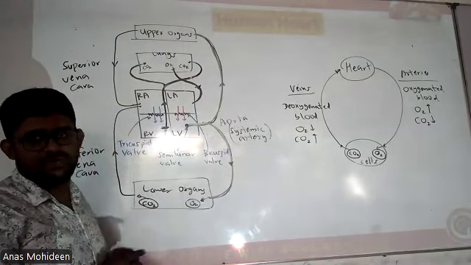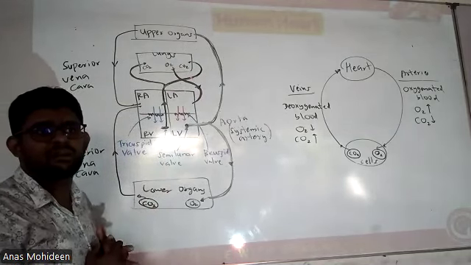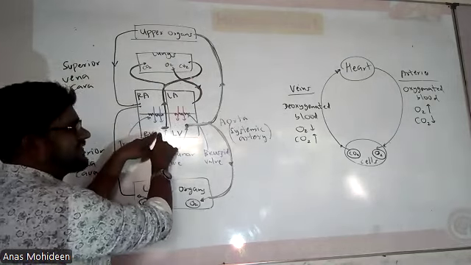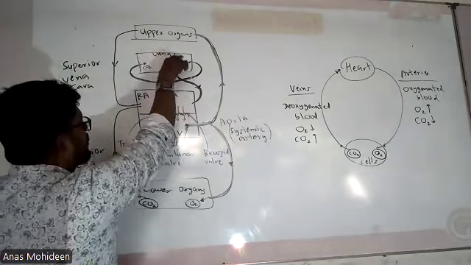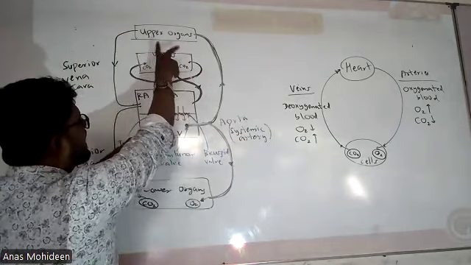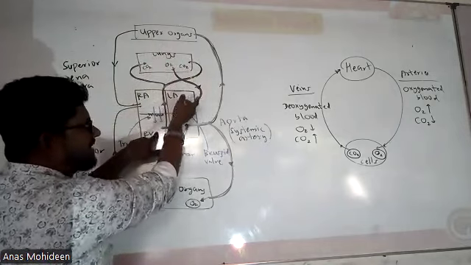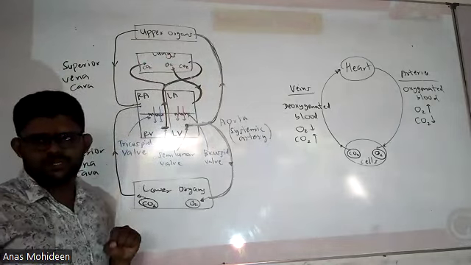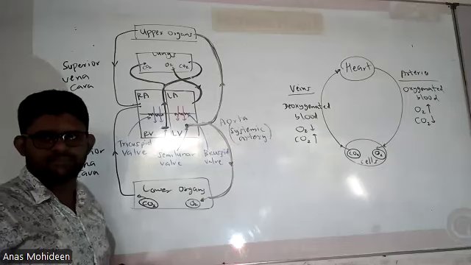This circulation between the heart and the lungs, we name it pulmonary circulation. Right ventricle pumping blood goes to the lungs via the pulmonary artery. Purification happens, and oxygenated blood comes via the pulmonary veins towards the left atrium. This is pulmonary circulation. Right ventricle to left atrium.